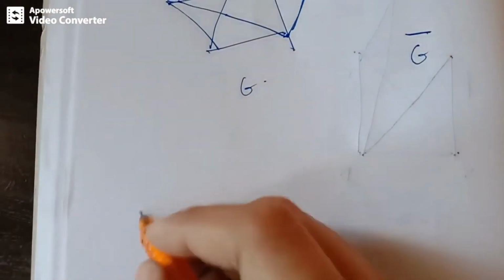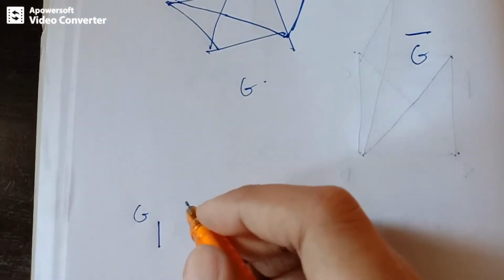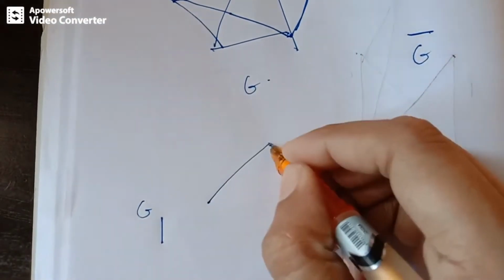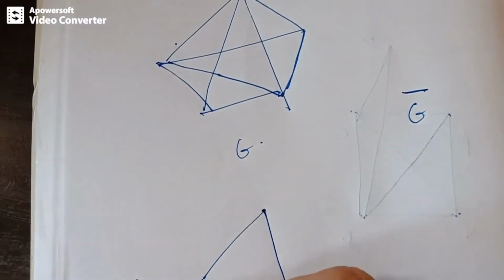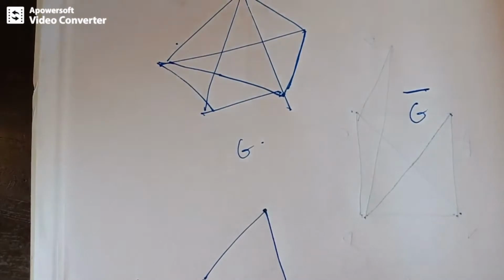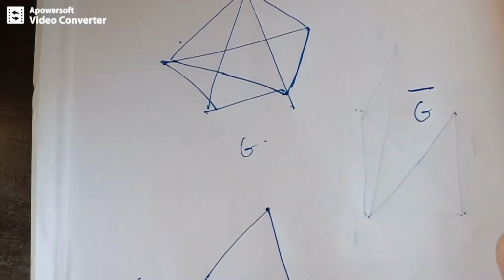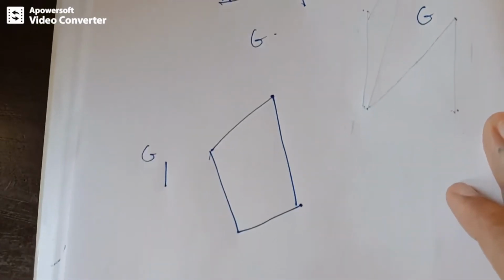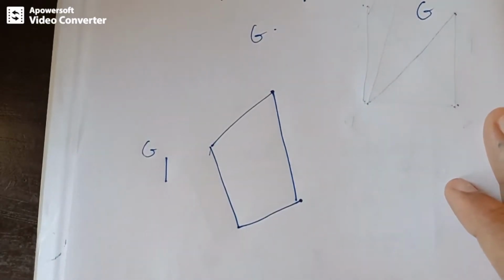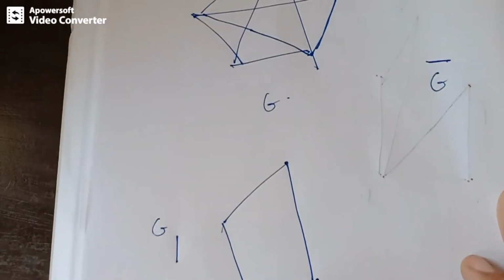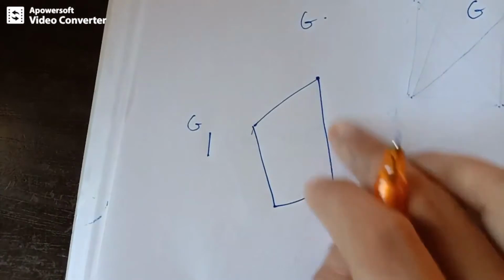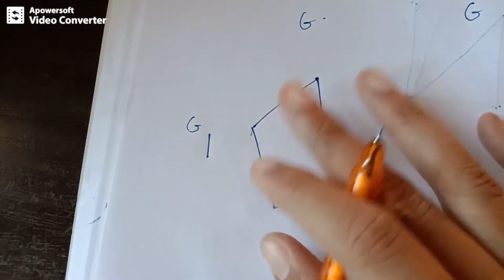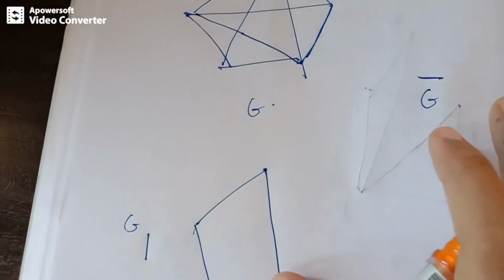Let me denote here G1 graph, and let it be a subgraph. Okay, so this is the subgraph G1. Fine. What we are doing is we are taking this original graph and we are deleting all the edges which are there in G1 and including the rest of the edges in G complement.